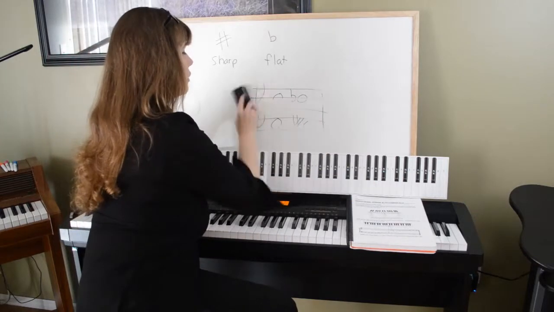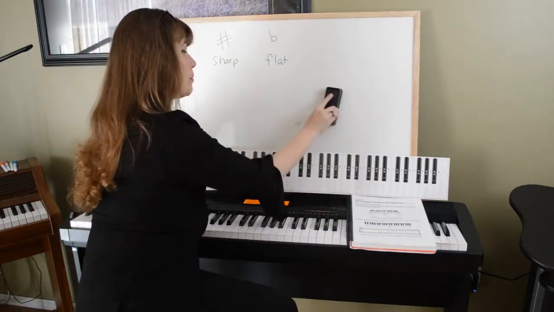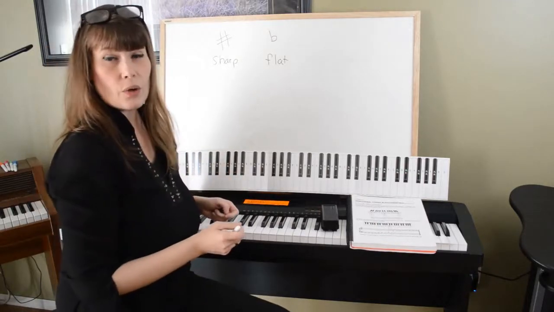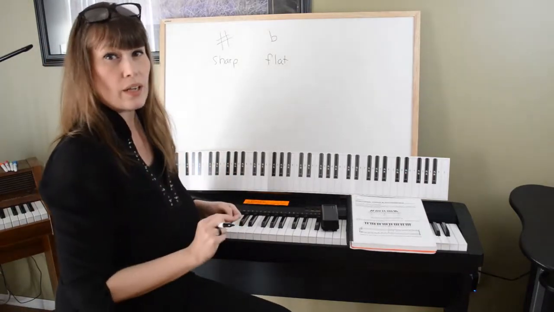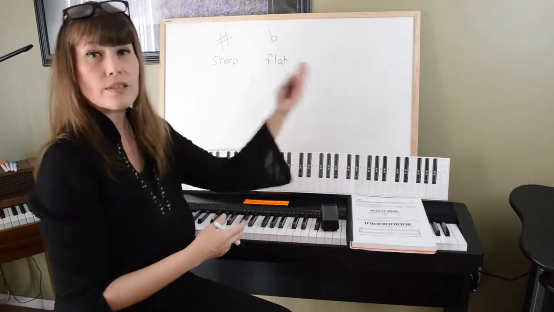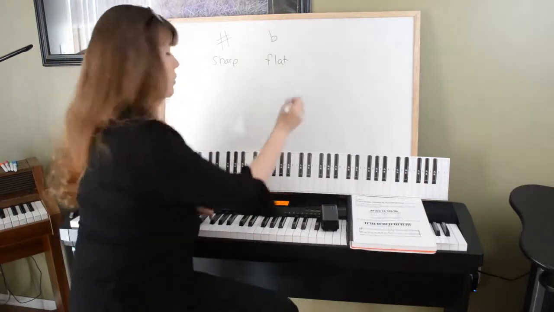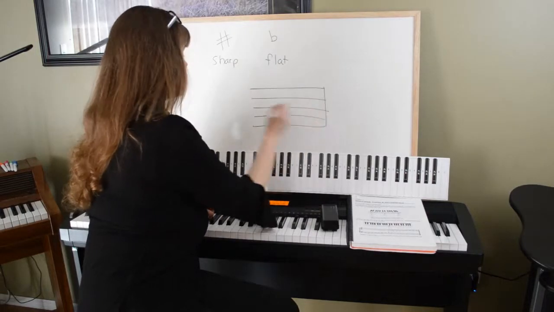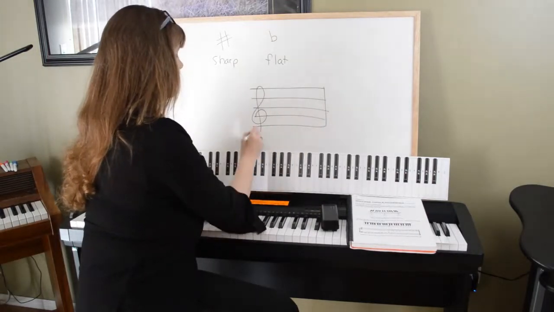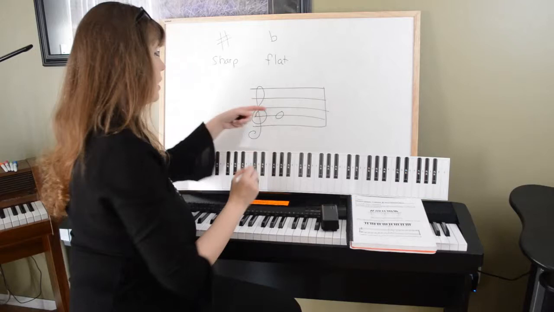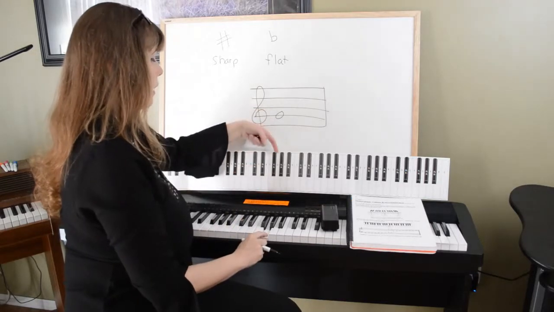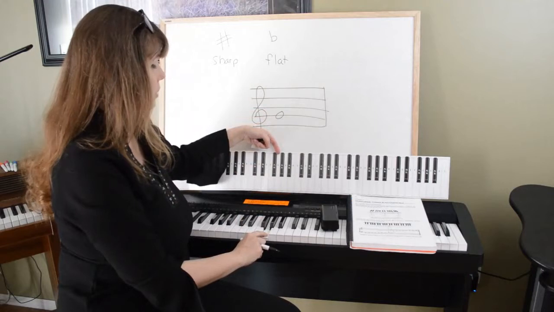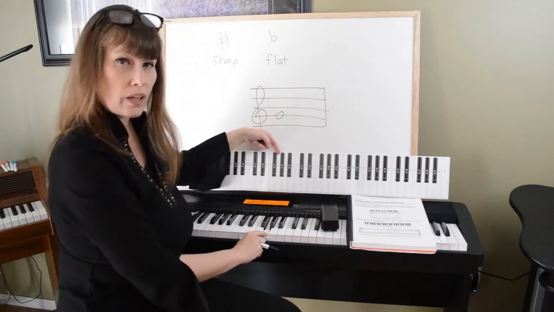Sometimes in theory, you'll be asked to write a semitone above a given note, but use a different note name. So instead of C going to C sharp, we have to use another note name. So here's our staff. Let's say I have G, and they want me to go up a semitone, but I have to use a new note name.